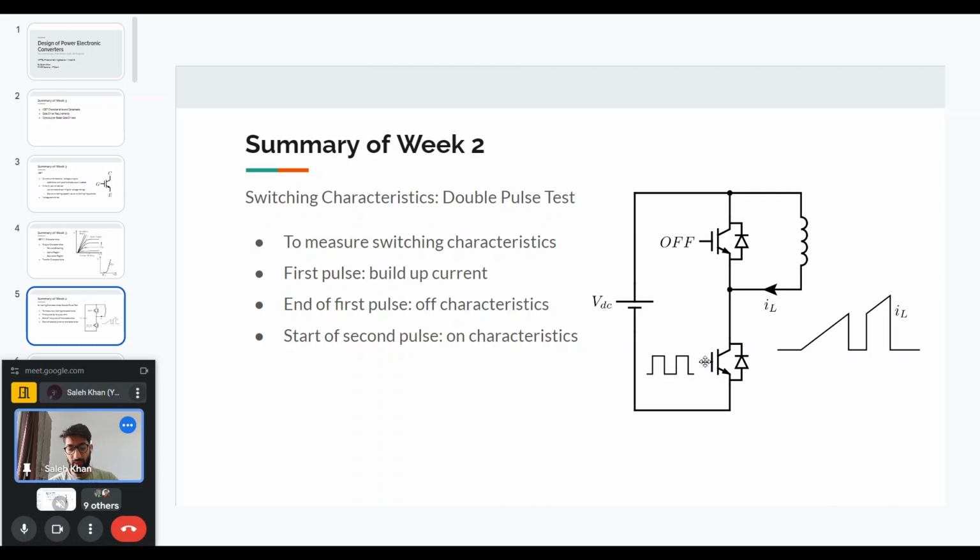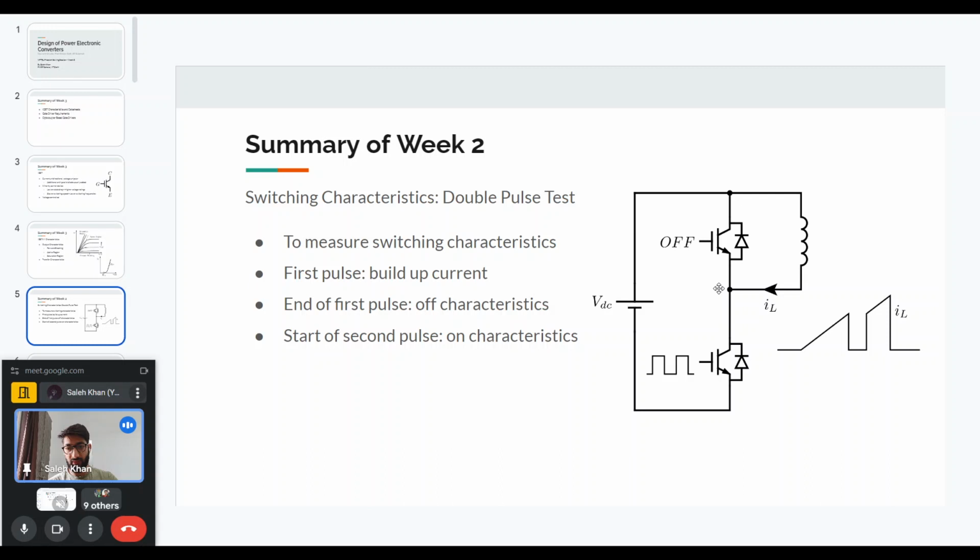If you see this circuit, if the top device is off and the bottom device is turned on, then the VDC voltage comes across the inductor. If a constant voltage comes across the inductor, the current through the inductor will start to rise, just like it is shown here.